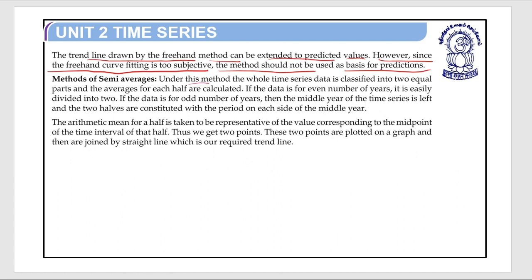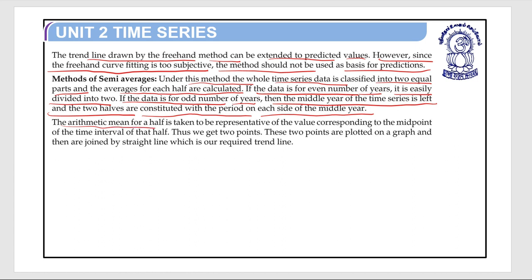Method of semi-averages. Under this method, the whole time series data is classified into two equal parts and the averages for each half are calculated. If the data is for an even number of years, it is easily divided into two. If the data is for an odd number of years, the middle year of the time series is left out and the two halves are constituted with the periods on each side of the middle year.